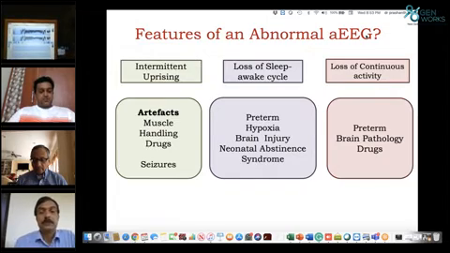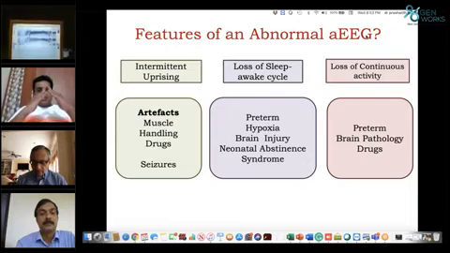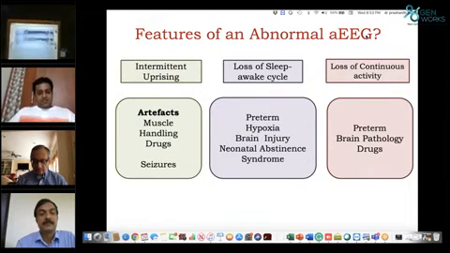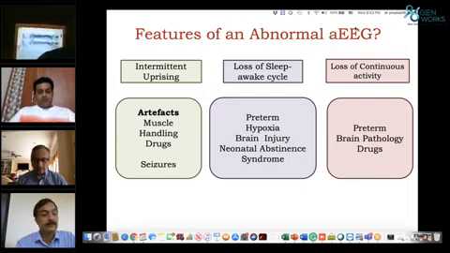And secondary to seizures. How do we differentiate seizures from artifacts? As rightly pointed out by Dinkar sir, I would call it the Dinkar sign. If there is a Namaskar sign, we can say it is a seizure, or if there is an arch, then more commonly it can be secondary to artifact. Coming to the loss of the sleep-wake cycle, we come across such a pattern more commonly in preterm neonates, beautifully explained by Dr. Judy.